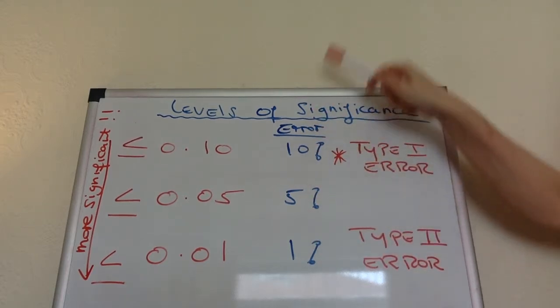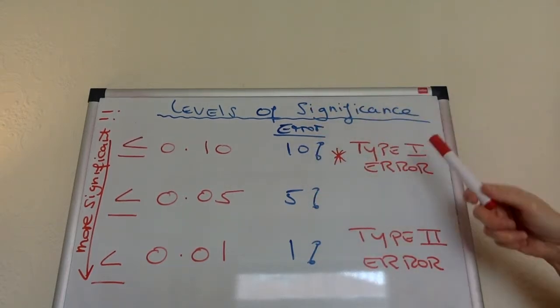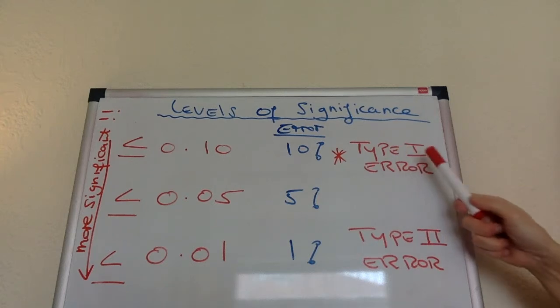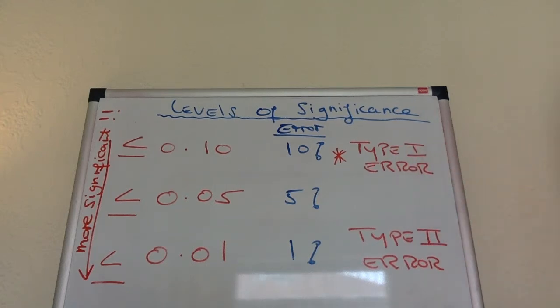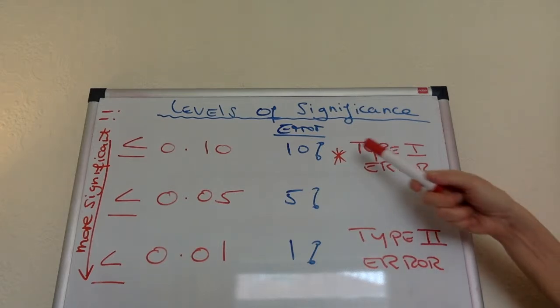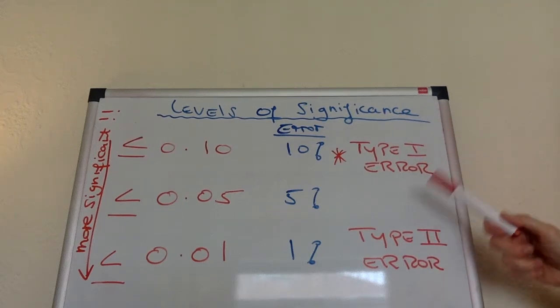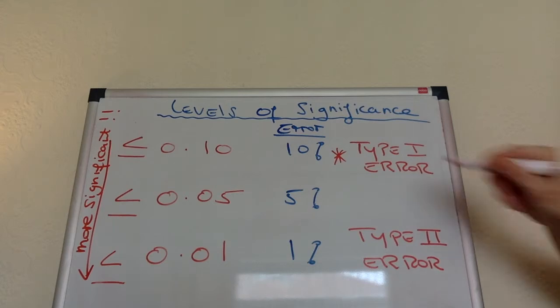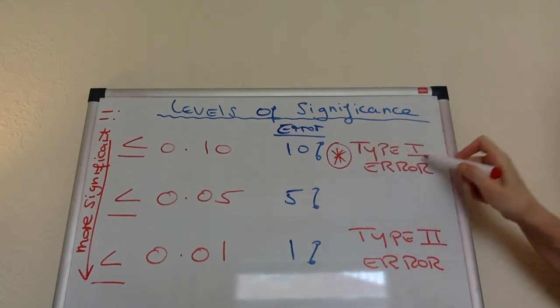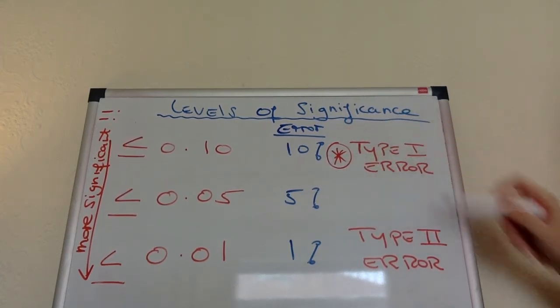The more error you give yourself up here, the more chance of a type 1 error. A type 1 is where you think you've got a finding, but you've not. So you have rejected the null hypothesis and maintained your hypothesis, but you were wrong. You've seriously messed up your whole career. You've made a type 1 error. That's the worst one. That's the way to learn it. Okay, 1 is the worst. That's going to help you remember which is which.